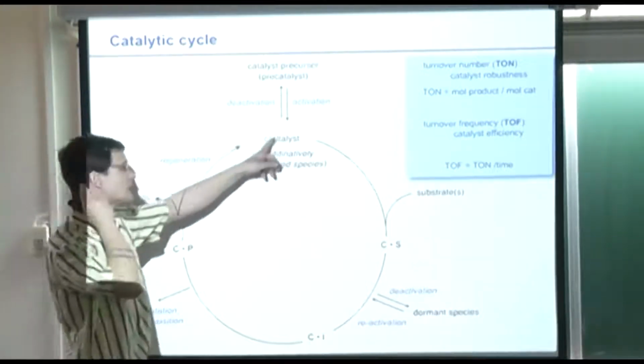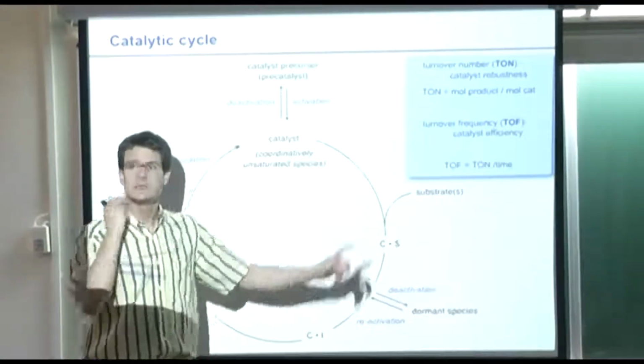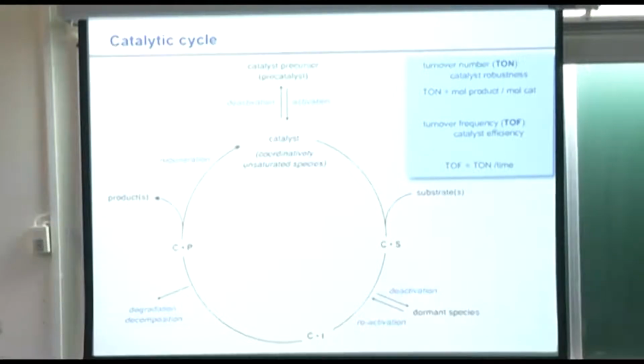The other thing is that once the catalyst is in its active state, typically the barriers are all very low, and it's very difficult to start looking at what is the catalytic active species, because it's reactive. So whatever accumulates is likely nothing on the catalytic cycle.